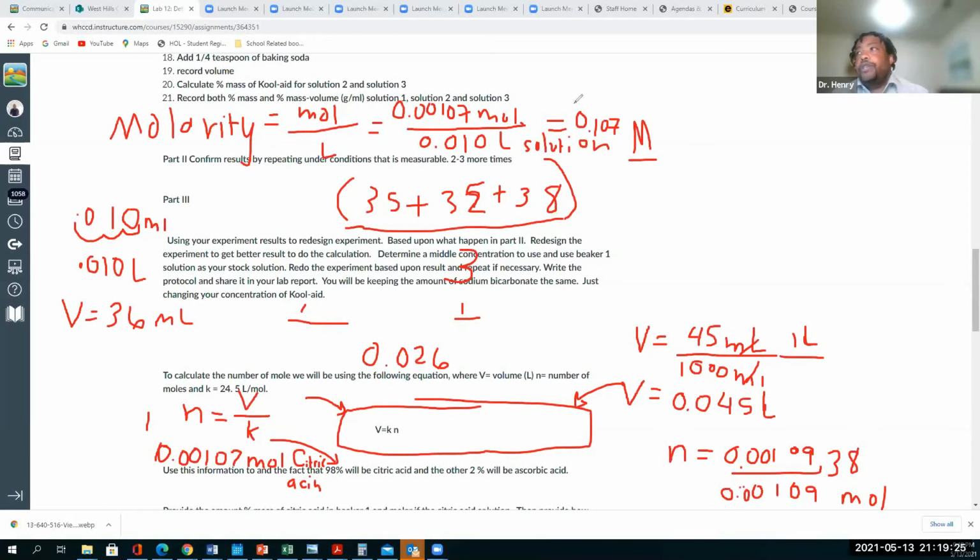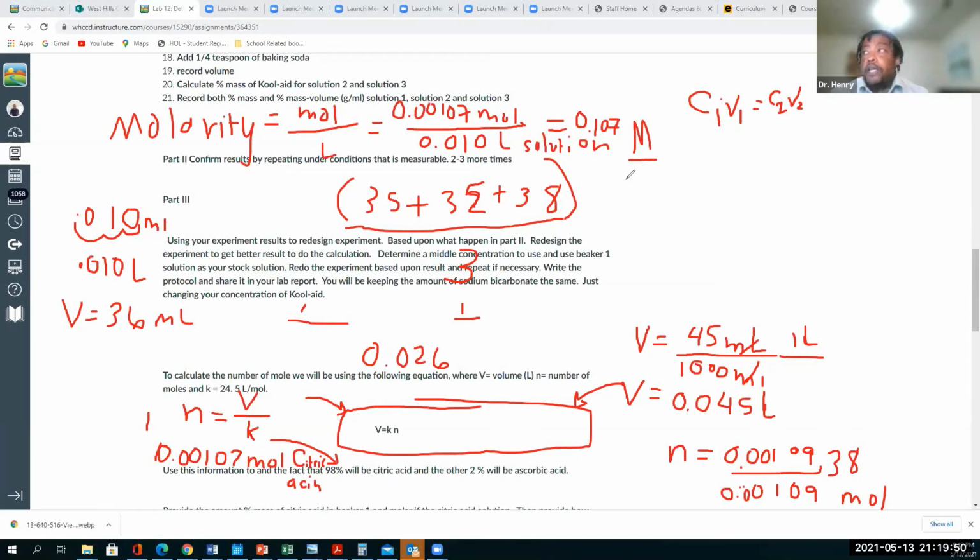The way that you would do that is, this here represents the concentration. So we'll use another equation called C1V1 equals C2V2. C stands for concentration, V stands for volume.